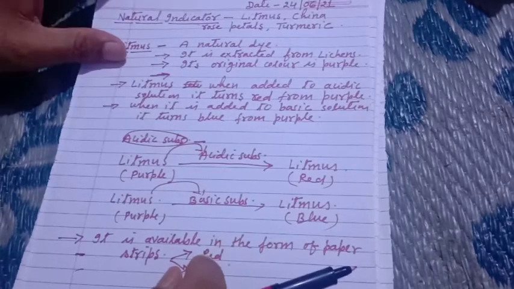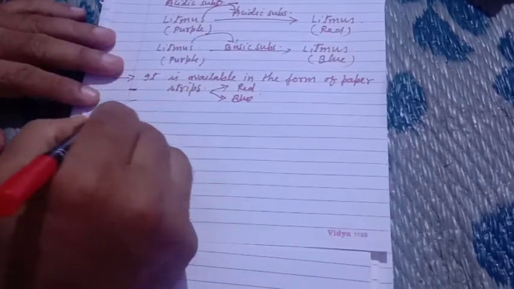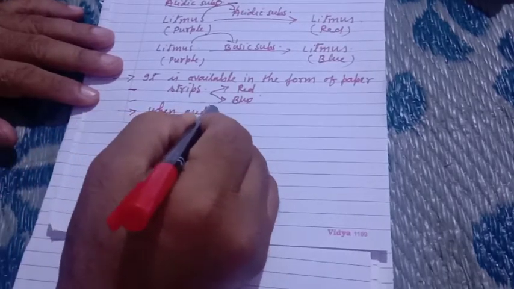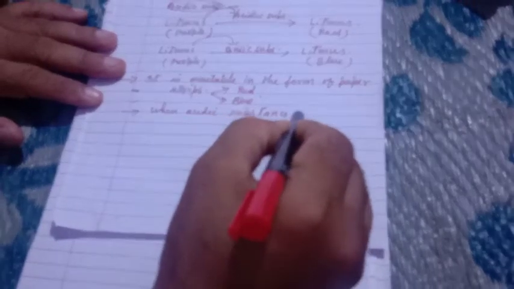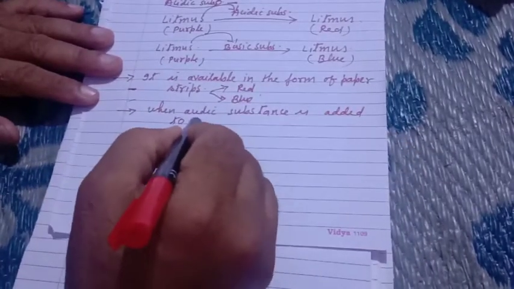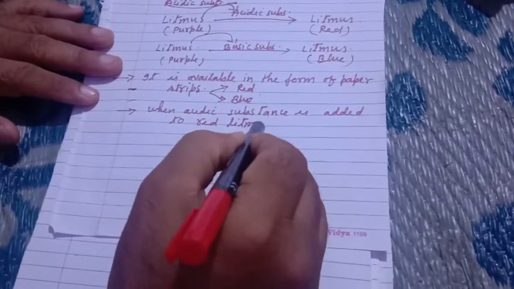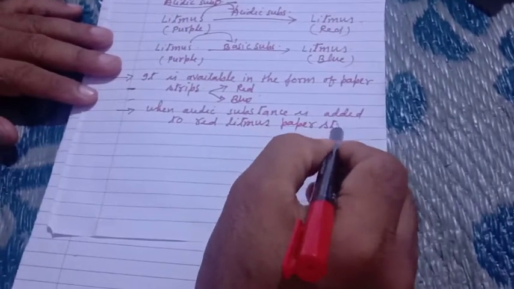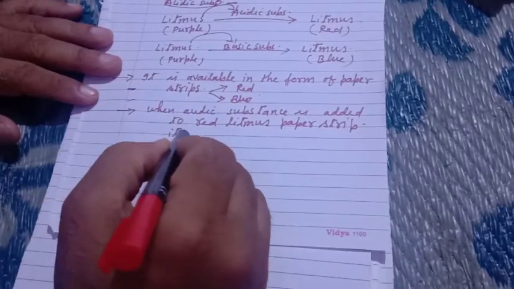Now just try to understand. Here you can write: when an acidic substance is added to red litmus paper strip, it remains red.